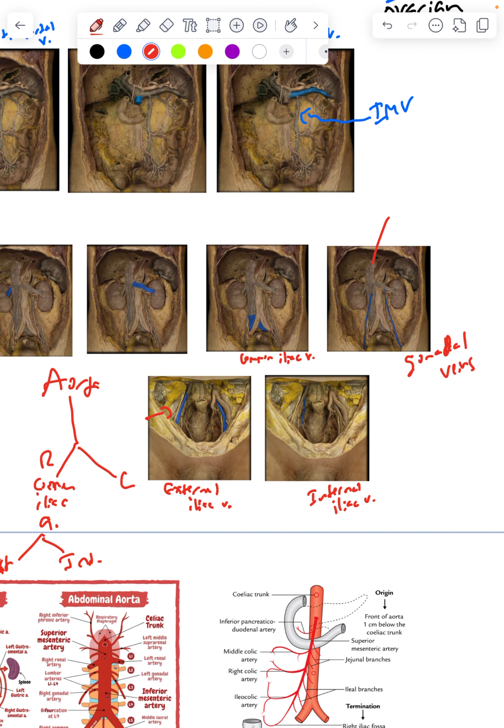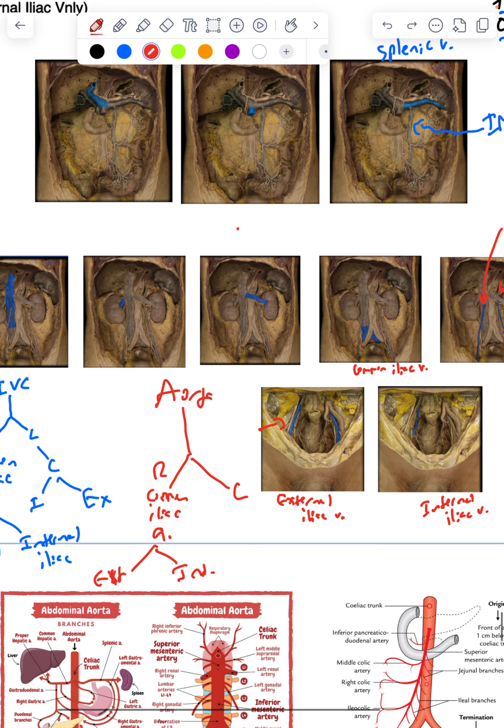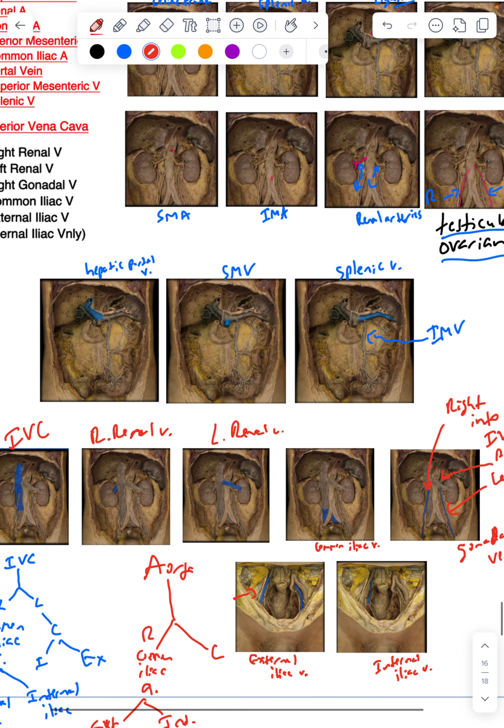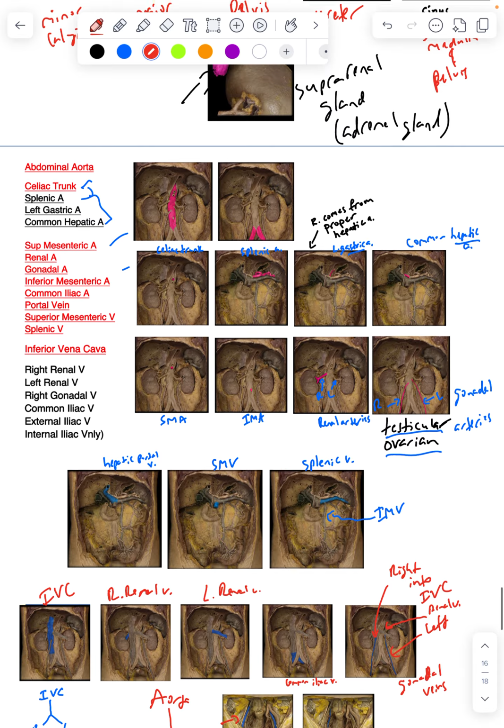Remember, right drains into your IVC. Your left will drain into your renal vein, which would then drain into your IVC. So this is left renal vein. This is right renal vein. Oh my God, the handwriting is awful. This is IVC. And that, I believe, is everything.